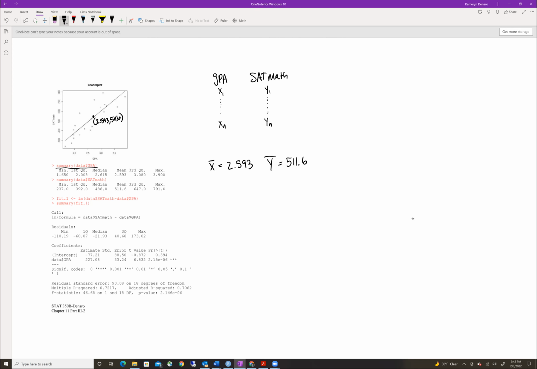Okay, so we can use the function in R, which is lm. If we use the generic lm(Y ~ X), that will give us a linear regression model. Let's call this object fit.1.